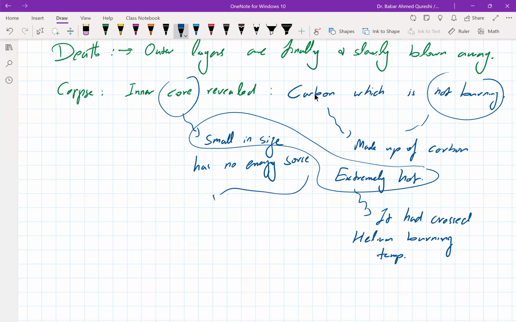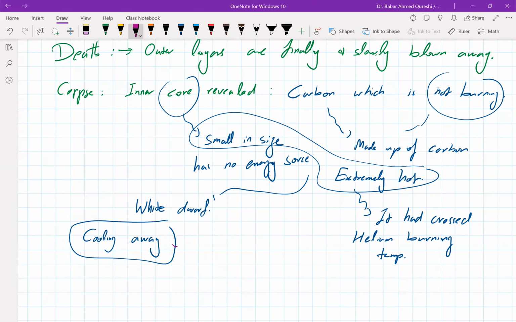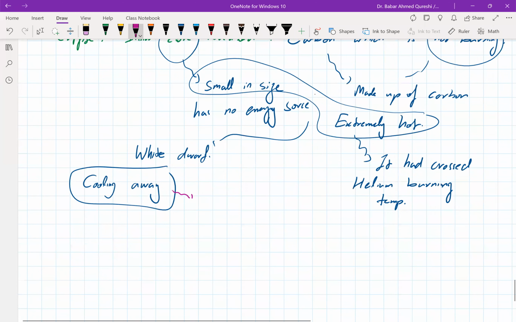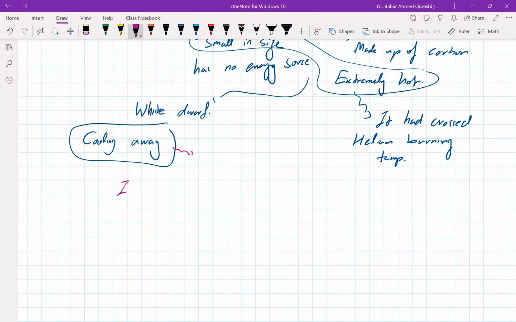So this is called a white dwarf: white because it's hot, and dwarf because it's small. And it's just cooling away. Then we discussed that it doesn't shrink, because if it shrank, it would heat up even further.